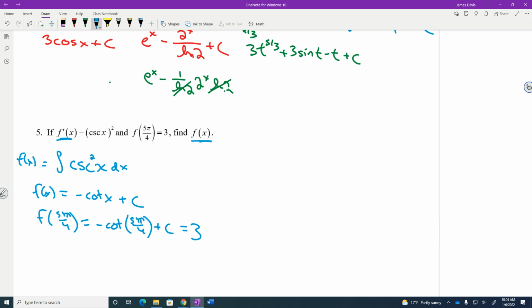Now we need to think back to some unit circle values here. Cotangent of 5 pi over 4. What's that? Can we just draw a little circle real quick, and then just think about where 5 pi over 4 is. It's one more fourth than a whole pi, right?